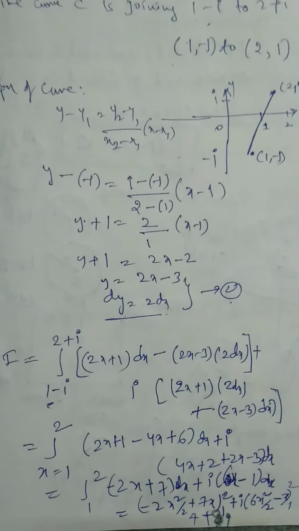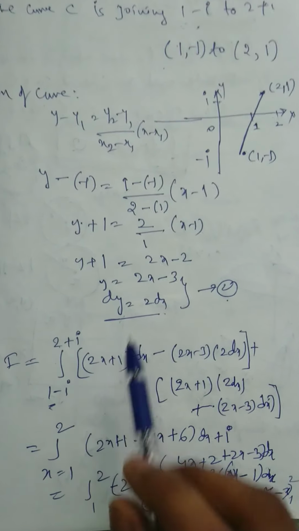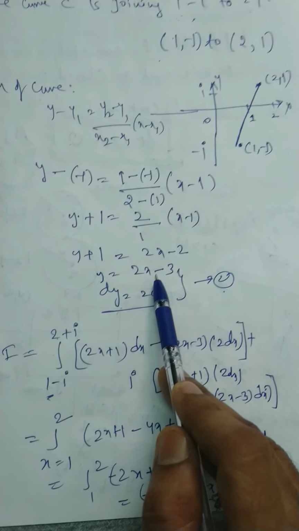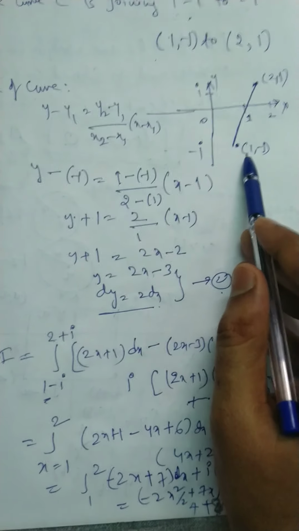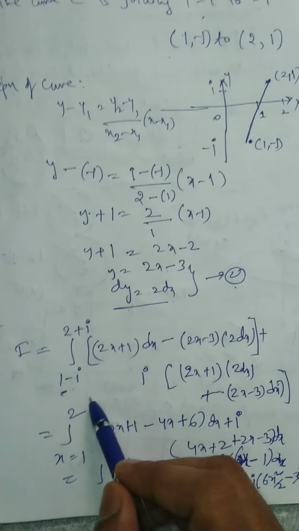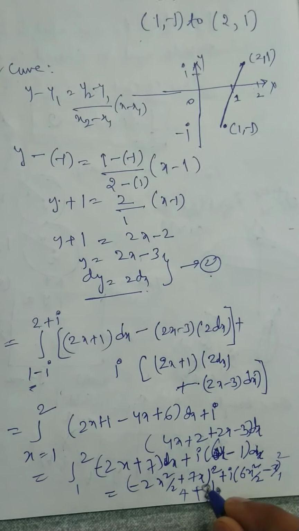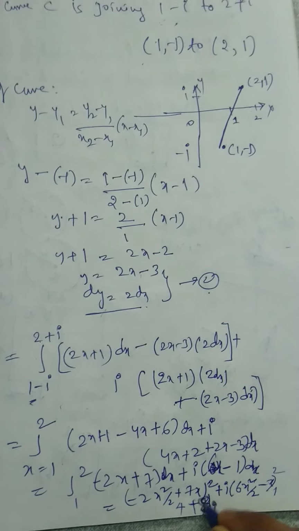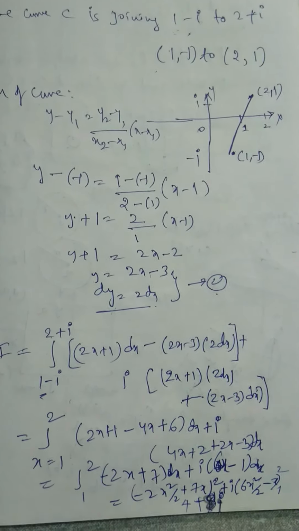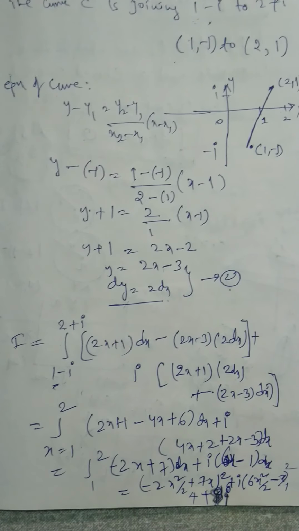Employing all these values in the integral I and choosing proper limits for x, because we are expressing y in terms of x, it is necessary to express the limits in terms of x only. So x equals 1 and finally x equals 2. Taking x limits from 1 to 2 and simplifying, the answer is 4 plus 8i. Likewise we can evaluate the line integral along these different paths.